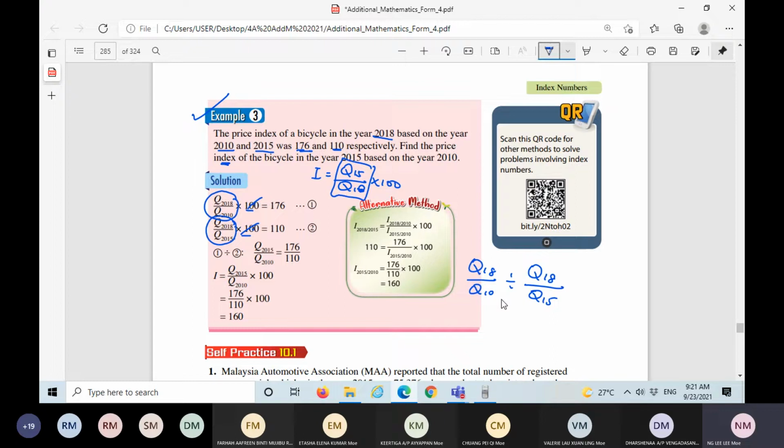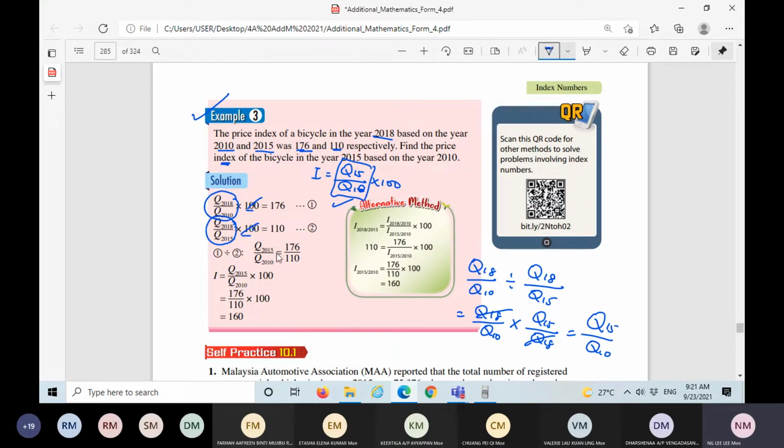So Q18 Q10, this one becomes times, invert it, turn upside down like that. Cut. So this one will become Q15 over Q10, which is what you want, no? So the whole equation divide by the whole equation.